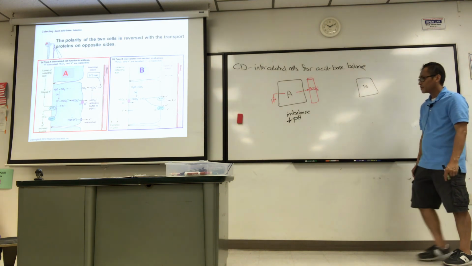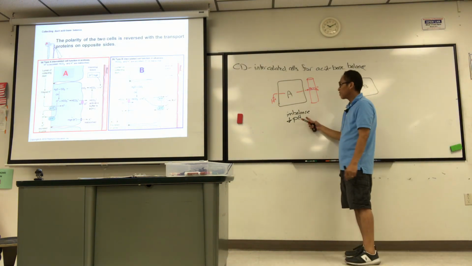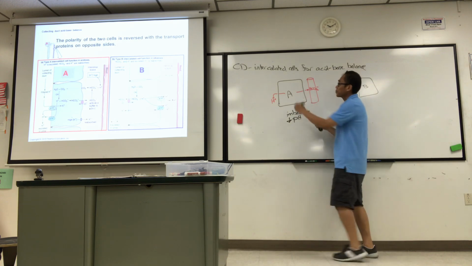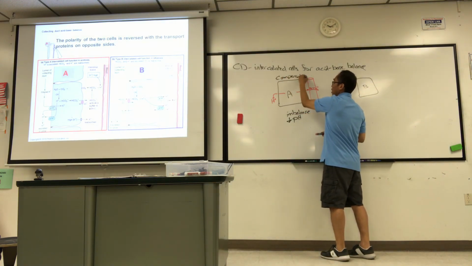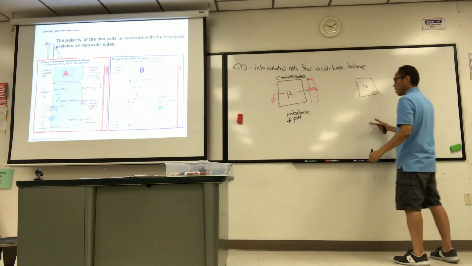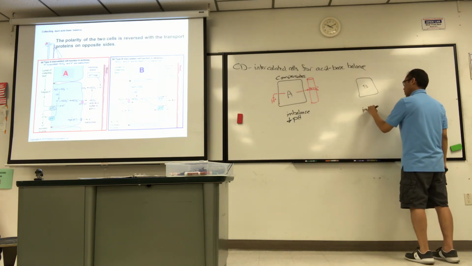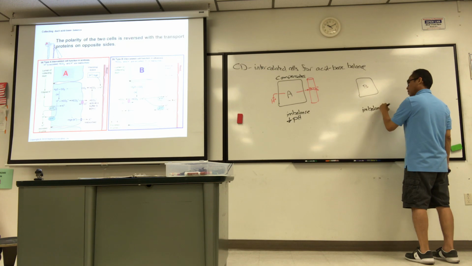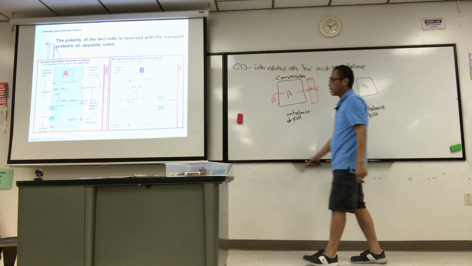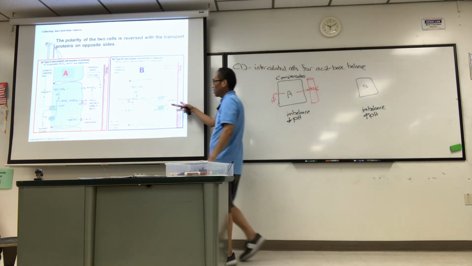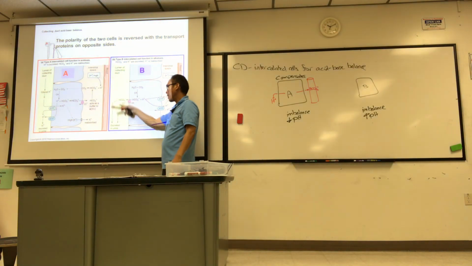Yeah, that's correct. So that's the imbalance. This compensates. So the opposite imbalance. Alkalosis, pH too high. You just rearrange the furniture. You put the proton pump on the blood side, the basolateral side, and the bicarbonate pump on this side.